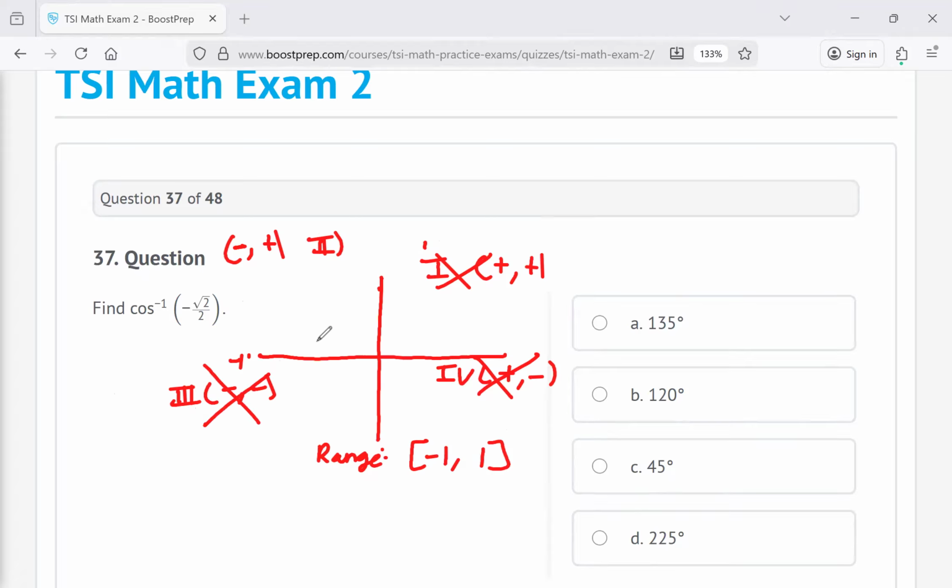So then you just have to figure out in your unit circle where cosine is negative radical 2 over 2, and that would be 135 degrees, right? It has an x-coordinate of negative radical 2 over 2 and a y-coordinate of positive radical 2 over 2, which we don't really care about. So the correct answer is 135.